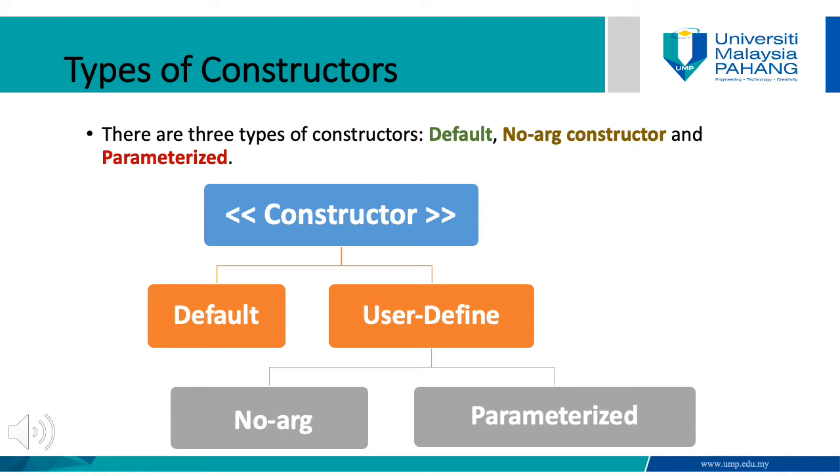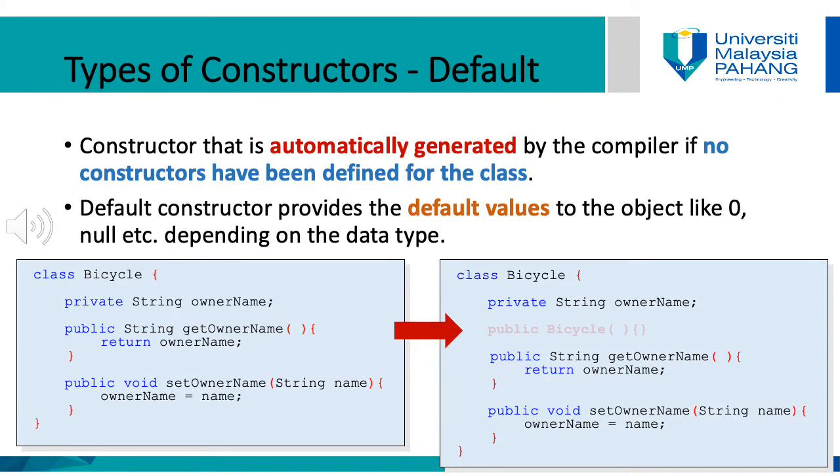So there are three types of constructors: default, no argument constructor, and parameterized. We will see in the next slide what the differences are between these three constructors. So the first type of constructor is the default.